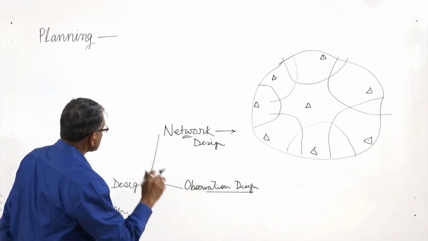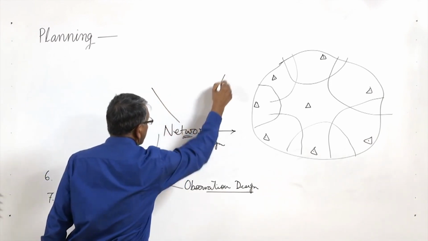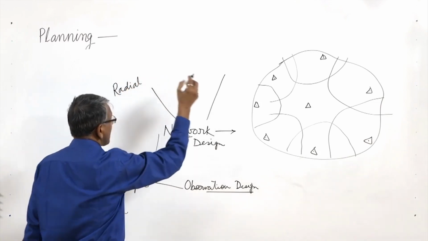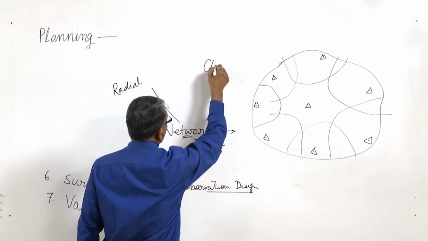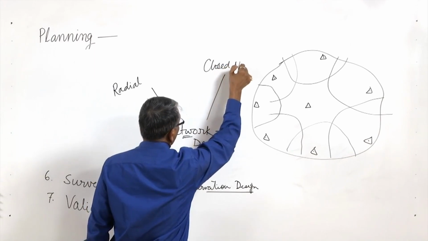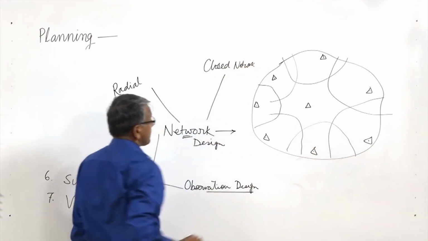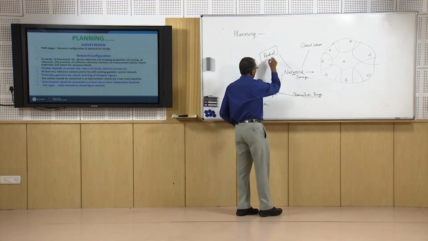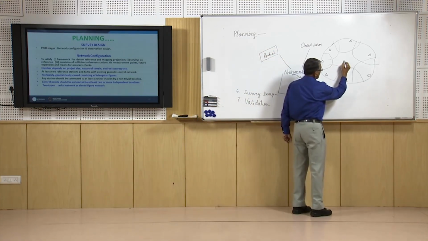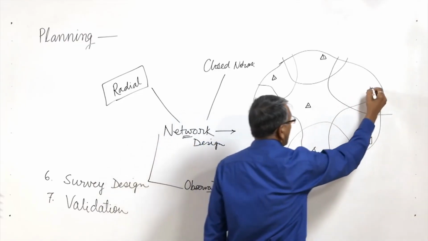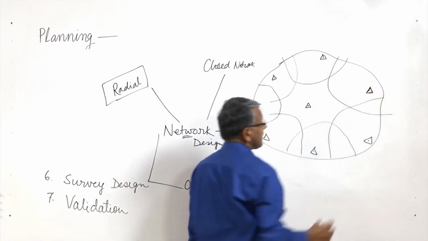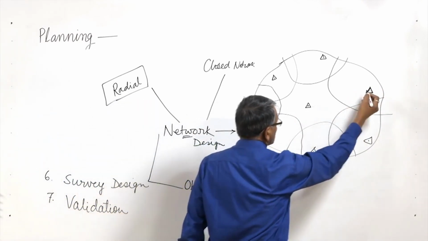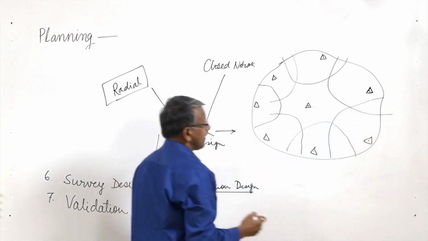Now there are two standard ways how a network gets designed at present. One is the radial method, another is the closed network method. In the radial method, one of the receivers will be placed at the center, because we need more than one receiver in relative positioning.